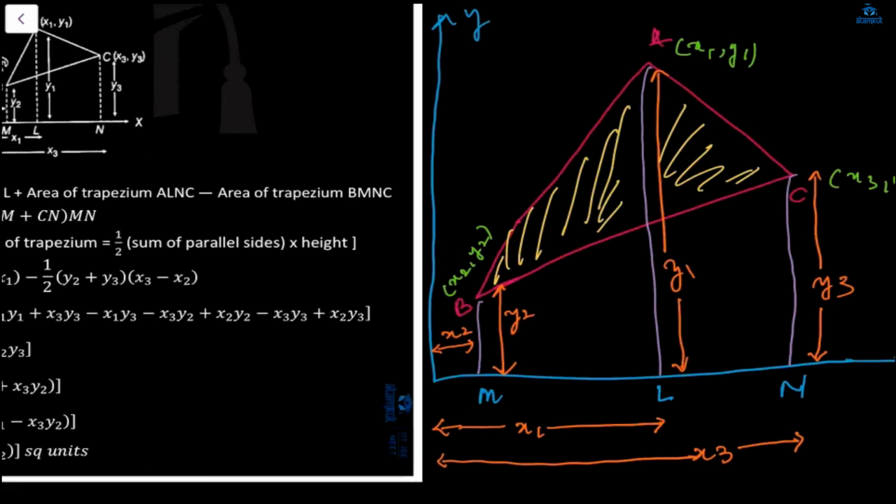You can add the areas of trapezium ABML plus ACNL, and then subtract the downward trapezium, BMNC. Then you get the area of ABC.